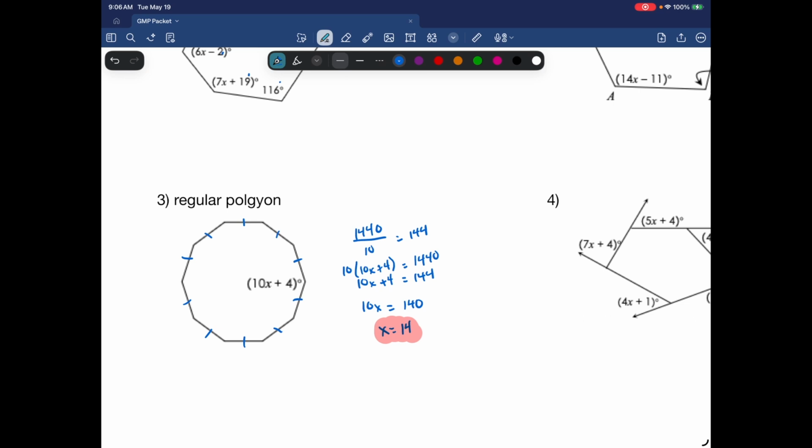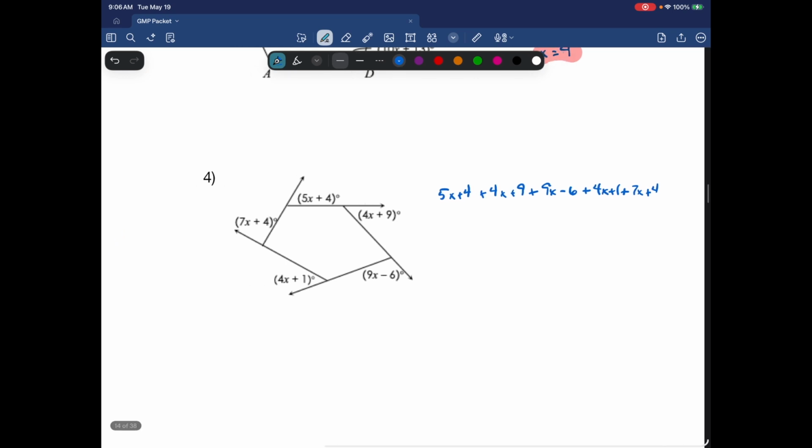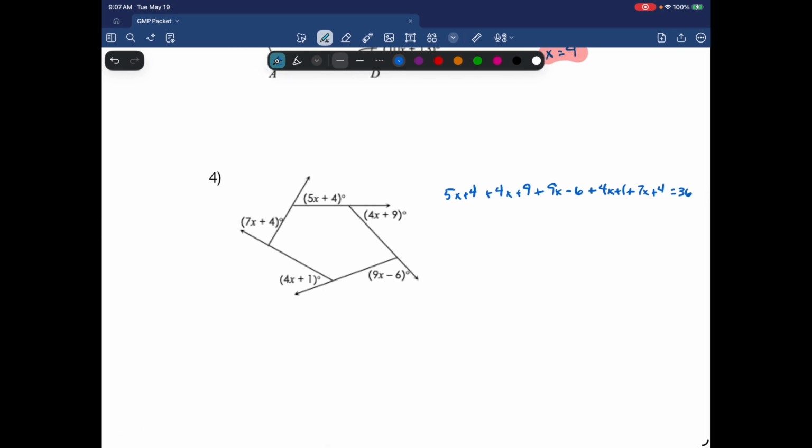All right, so not too bad. And again, if you're dealing with exterior angles, they all add up to 360. So I'm going to take all of these numbers and set them equal to 360. You got 5x plus 4 plus 4x plus 9 plus 9x minus 6 plus 4x plus 1 plus 7x plus 4 equals 360.